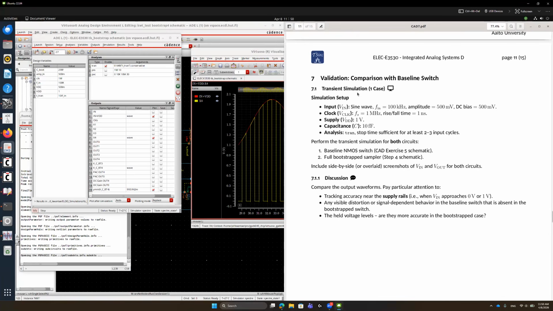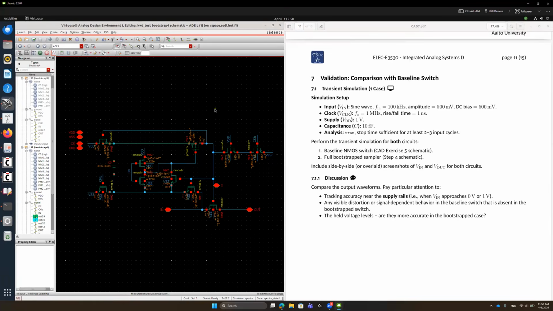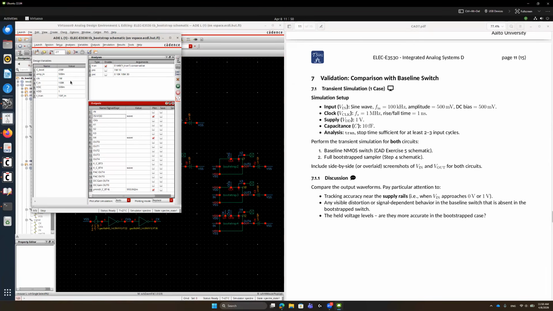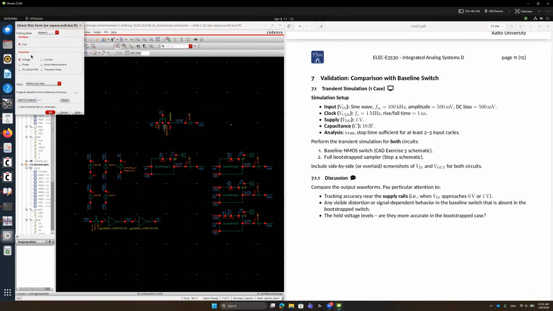So let me see. For this case, the input is a sine wave with input frequency 100 kilohertz, amplitude 500 millivolts. Okay, I think this is already done, right?